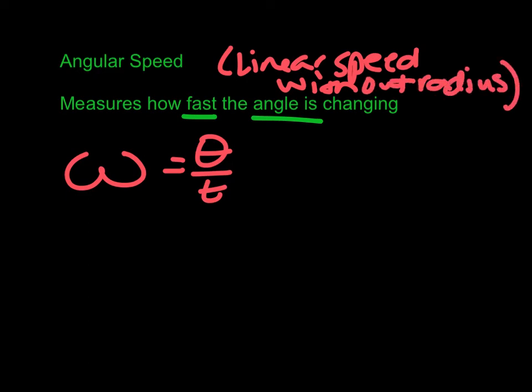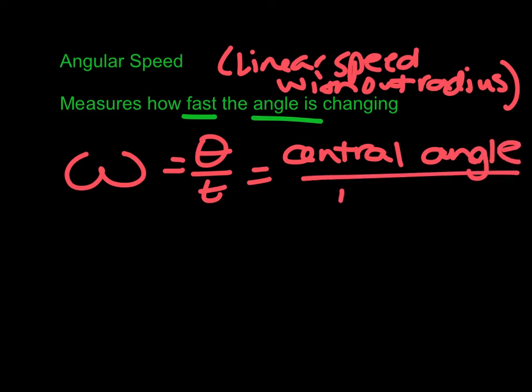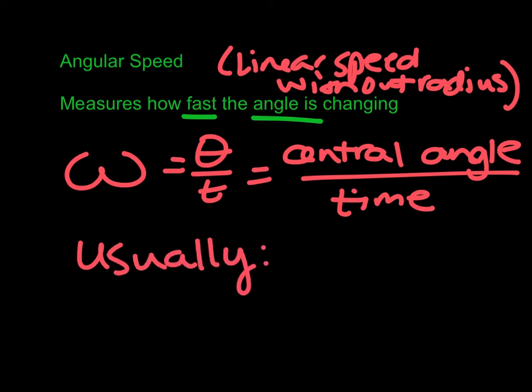You're basically just figuring out how much the angle is changing. So it's whatever your central angle is over your time. And so usually all you're going to have to do is just figure out 2 pi times how many revolutions you went.